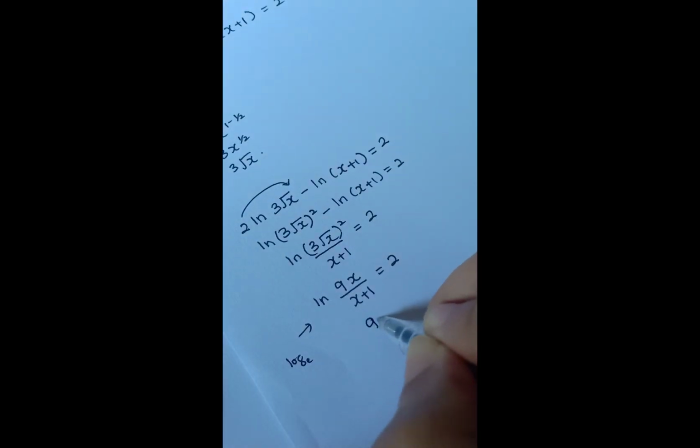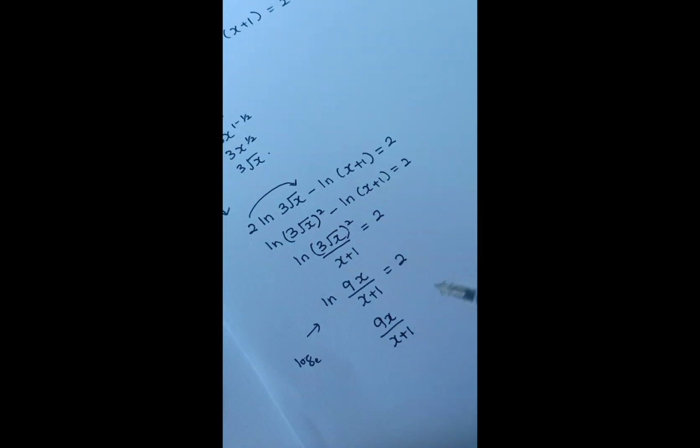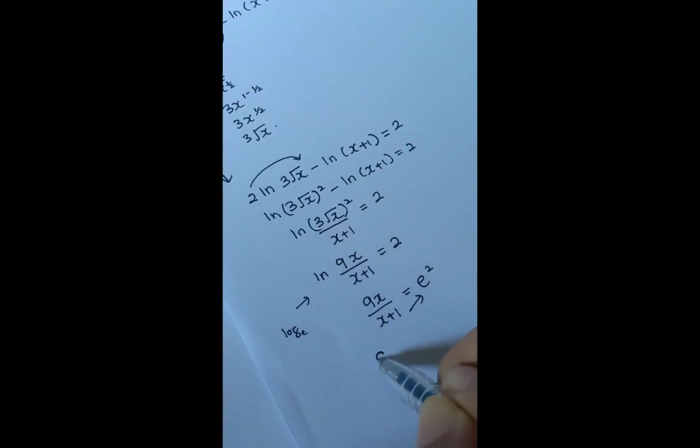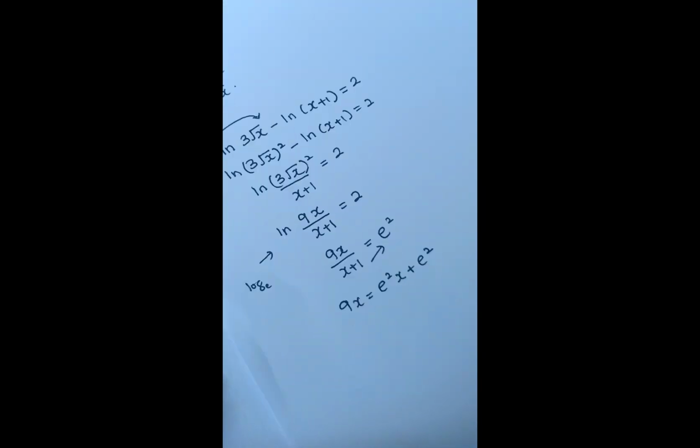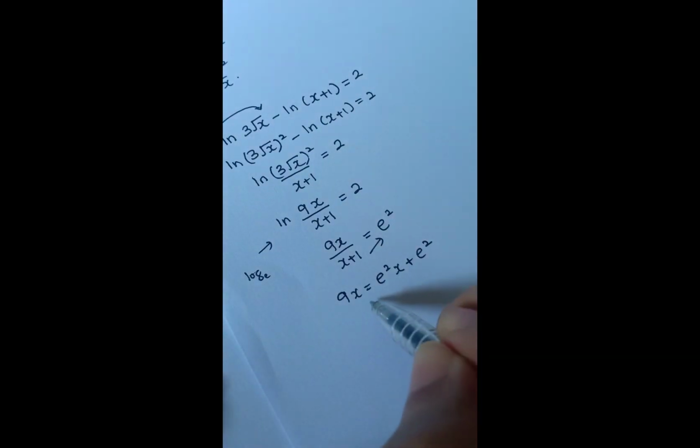So we can write in index form, 9x over x plus 1 is equal to e power of 2. 9x is equal to e power of 2 x plus e square. So we combine and bring x to the left hand side.